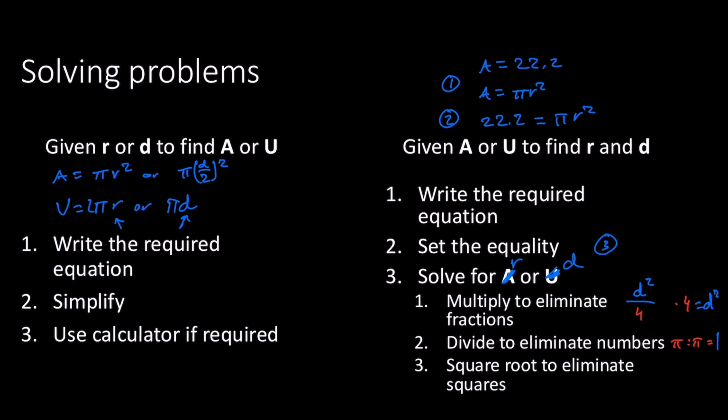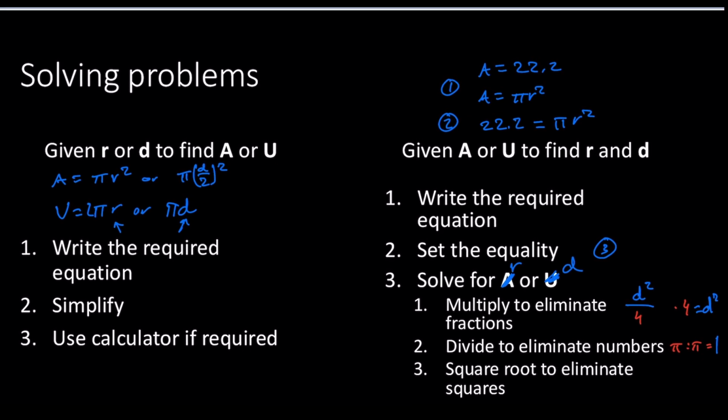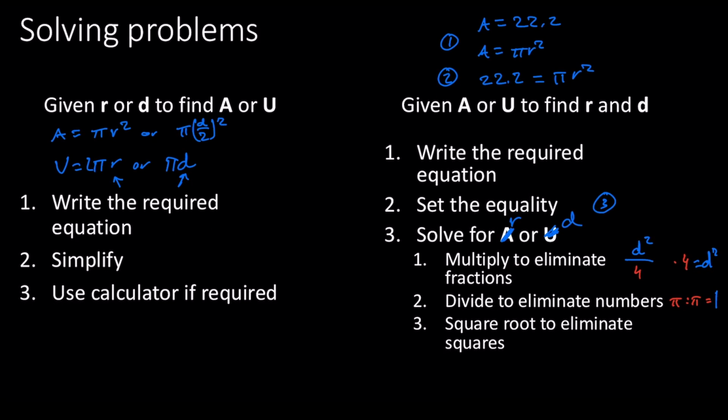So basically it just goes away because anything times 1 is the same thing. And if you want to get rid of the square, then you square root. Those are all the rules you have to know, and with that you can solve any equation.